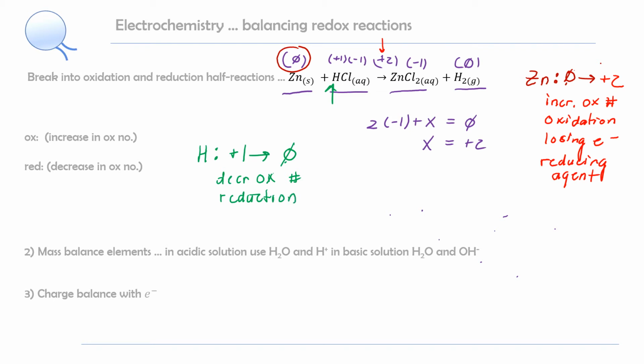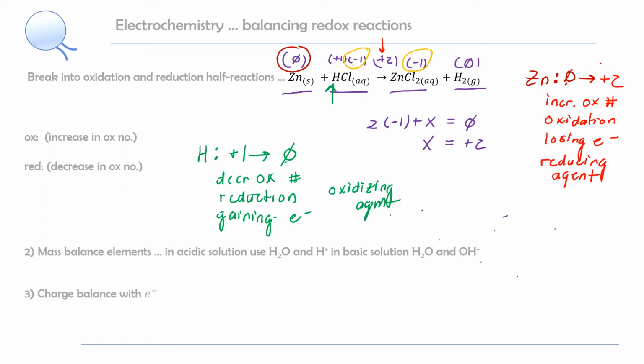It is gaining electrons. Because it is taking electrons from the other substance, it is behaving as the oxidizing agent. Okay, and notice that nothing is happening to chlorine. Chlorine goes from a -1 to a -1. No change in oxidation number.